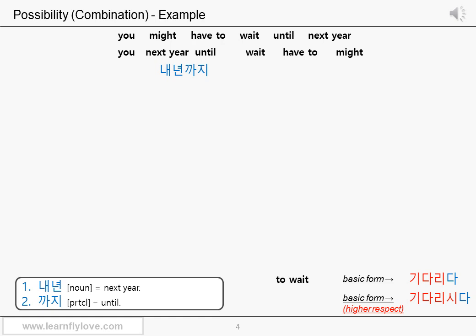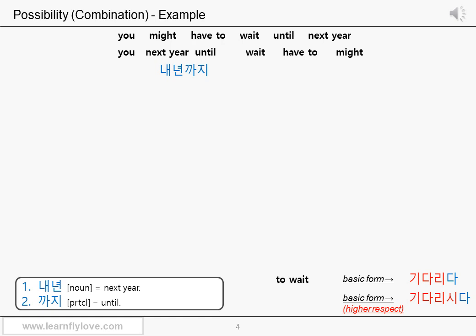So you can use 까지 for the destination too. For example, when you say you travel from Korea to Japan, you can use 까지 for the English preposition to, because Japan is the final destination, okay? Don't worry, you'll see or use this particle later again anyway.